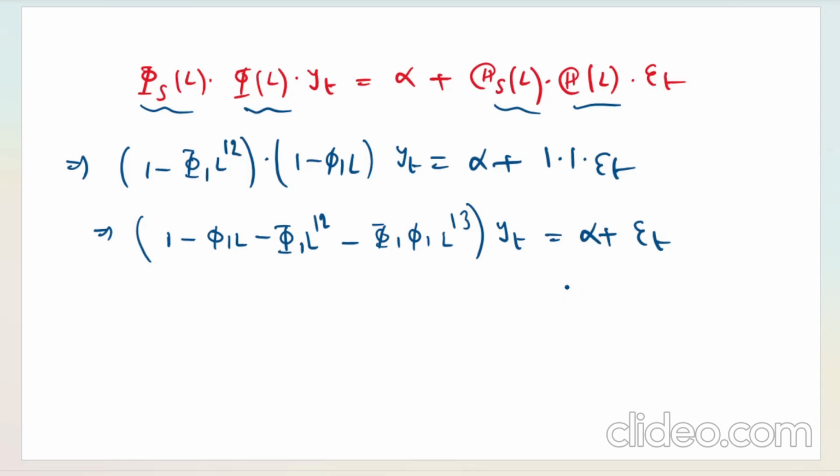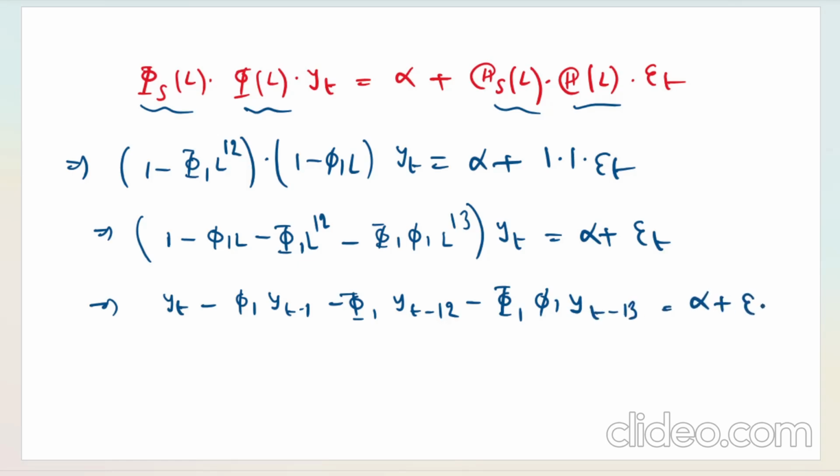So this is the general form, or you can again simplify. yt minus phi 1 yt minus 1 minus capital phi 1 yt minus 12 minus capital phi 1 yt minus 13 is alpha plus epsilon t.